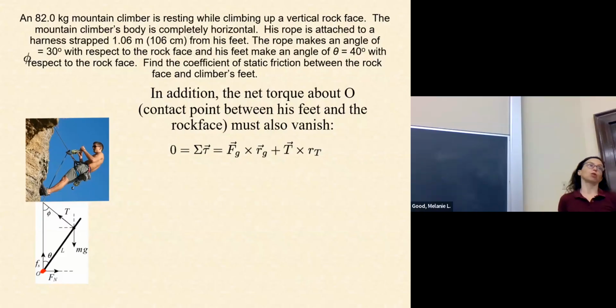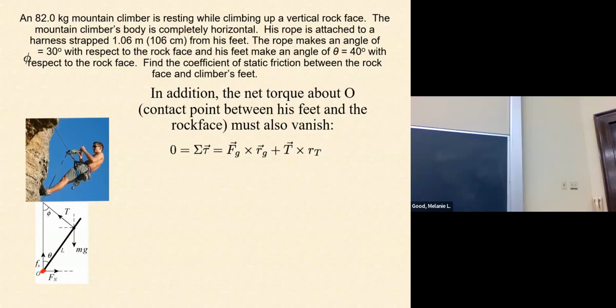But the static friction force is right at the axis of rotation, as is the normal force. So both of their lever arms are 0. They do not need to be included in this sum.